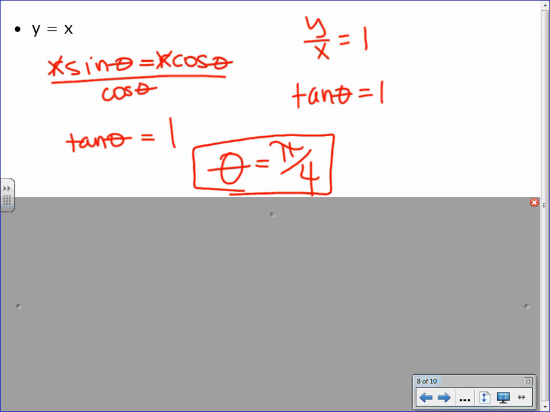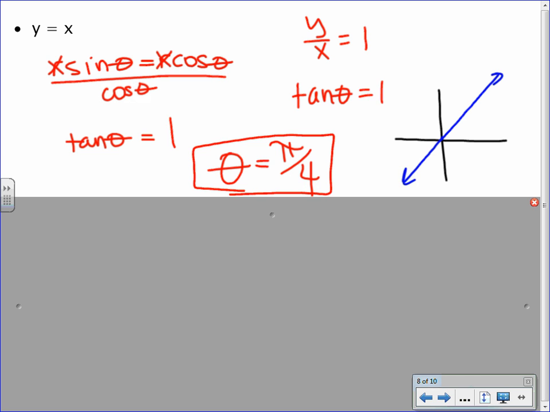Okay? So let's talk about what y equals x looks like. It's a line, right? Through the pole. That's the line through the pole at what kind of an angle?